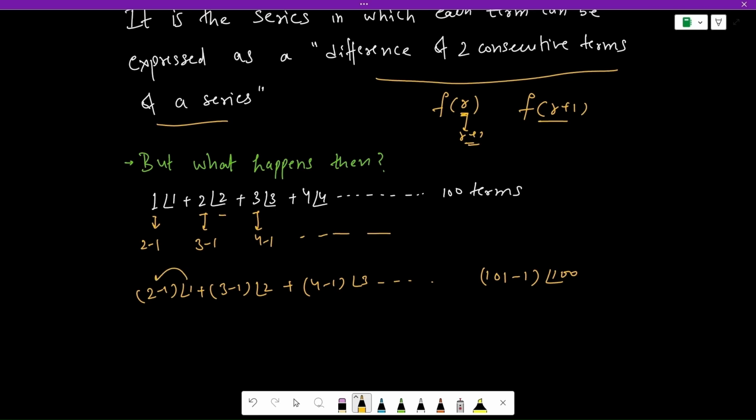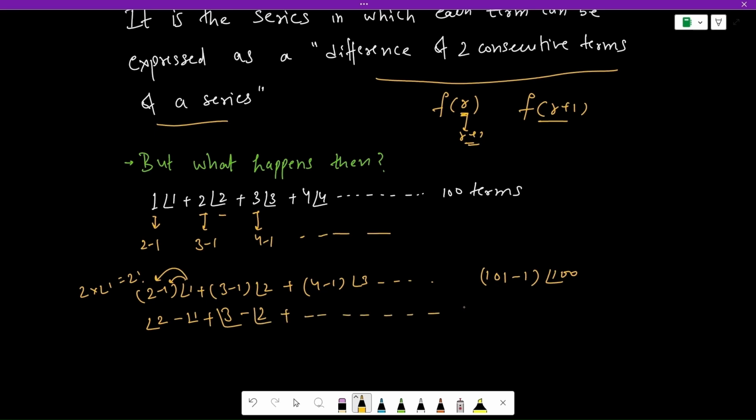Now let me open this bracket, then this will become 2 into 1 factorial. So this will become 2 factorial. So this is 2 factorial minus 1 factorial plus, similarly, this will become 3 factorial minus 2 factorial plus so on.